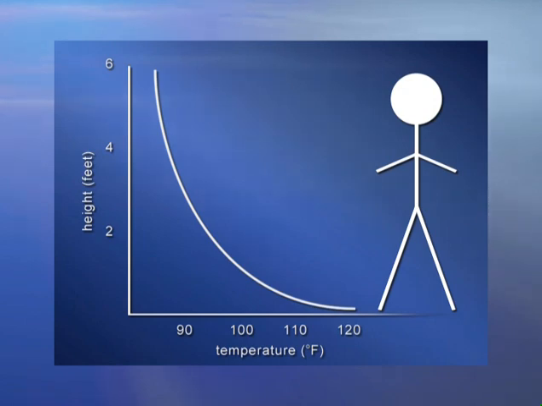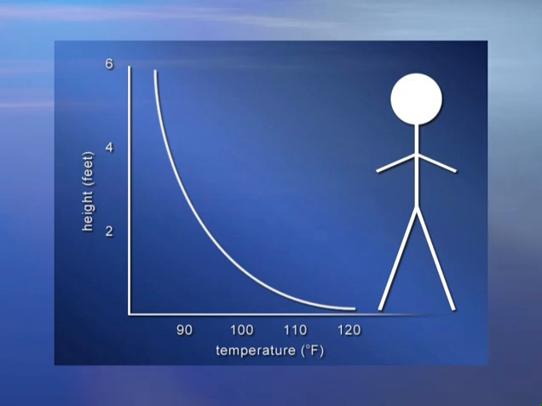But what this graph shows is that temperature can get very hot near the ground over that sandy surface, but it decreases very quickly with height. The air at Stickman's head can be quite a bit cooler than the air at his feet or at his knees. I'm showing 120 Fahrenheit at the ground and only 90 Fahrenheit at head high.